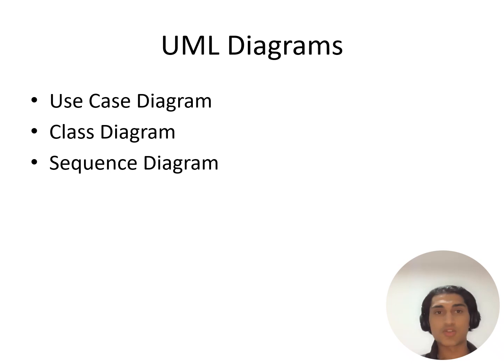And that's it. So let's go to the other slide, which is UML diagrams, and it includes the use case diagram, class diagram, and sequence diagram. These are the types of diagrams used to build the overview scenario of the project.